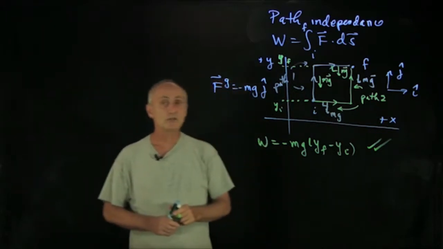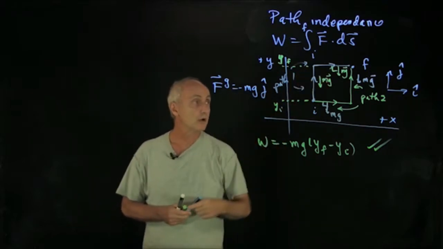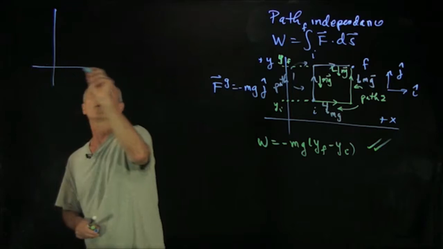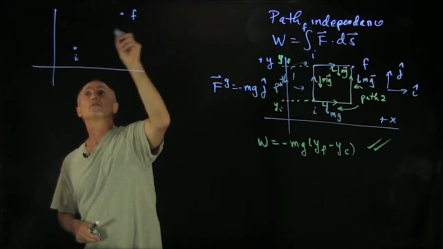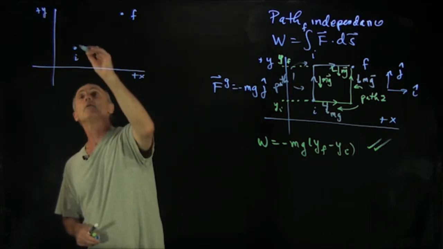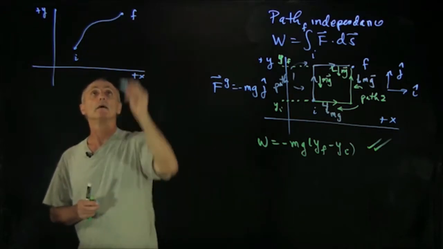Now what we'd like to do is consider a more general path rather than these two horizontal and vertical legs. So let's draw a coordinate system again. Let's introduce i and j, and let's introduce plus y and plus x. And now let's consider a path which is moving like that.